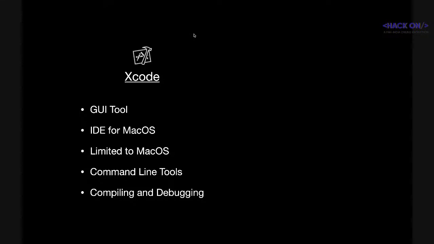You cannot run Xcode on other Unix-based systems like Linux or on Windows. So for iOS development or other Apple platform development, you have to have macOS if you want to develop native applications.